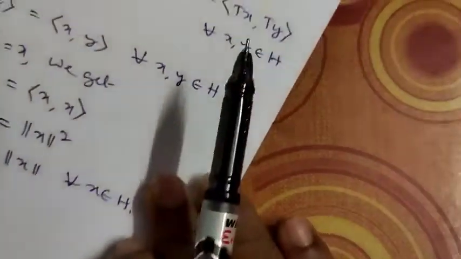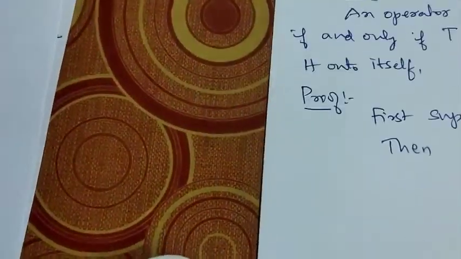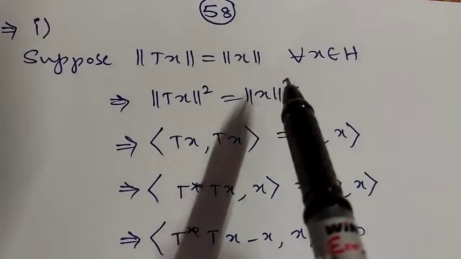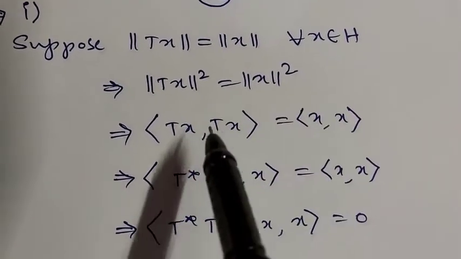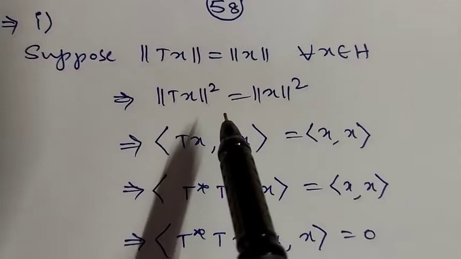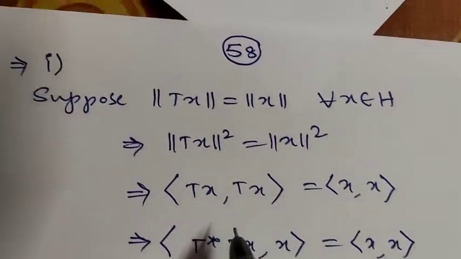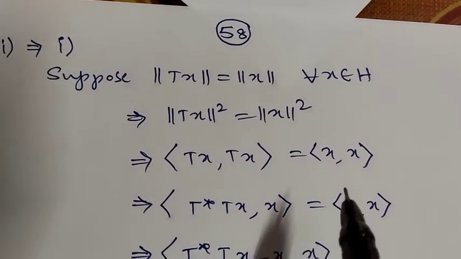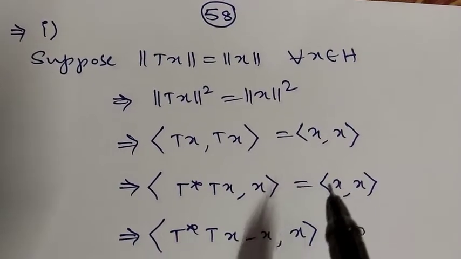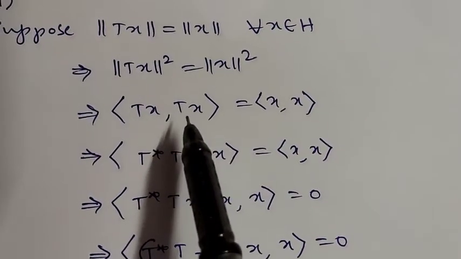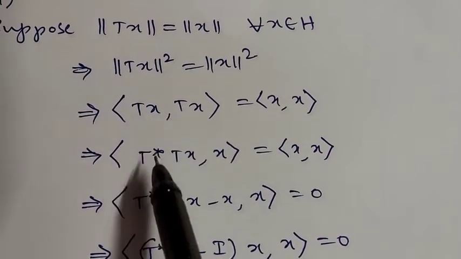Now let us take up 3 implies 1. Suppose norm of T of x is equal to norm of x for every x belongs to H. This implies norm of T of x whole square is equal to norm of x square. This implies inner product of T of x comma T of x is inner product of x comma x. Now you can transfer this T onto the left, it becomes T star.